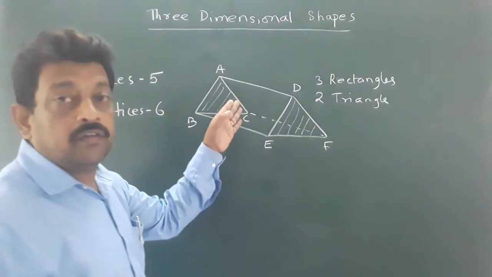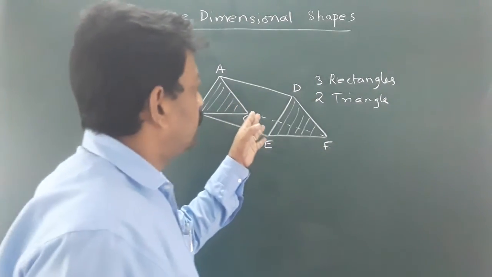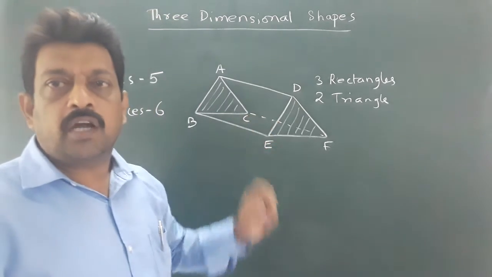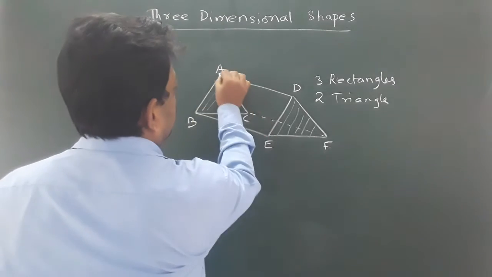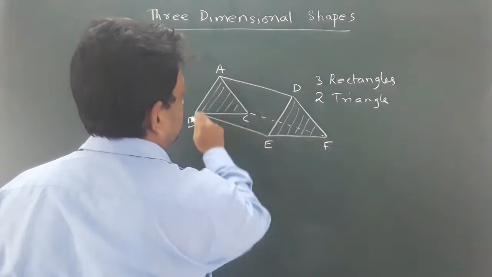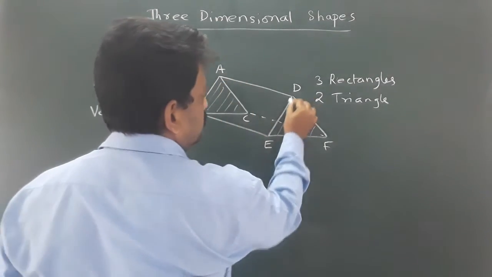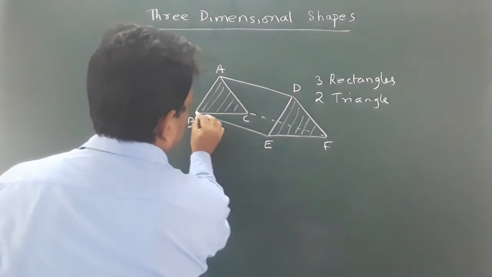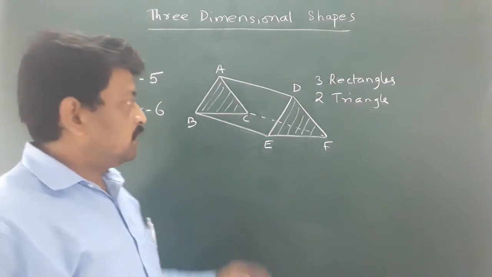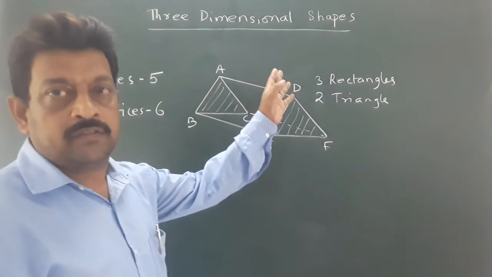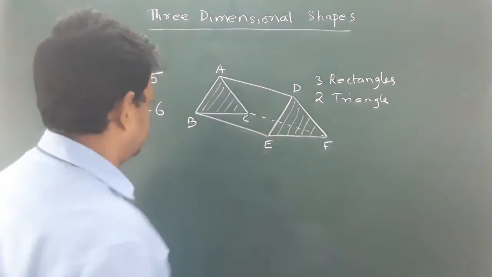So here in the triangular prism, how many edges are there? Simply count the lines. In a triangle, there are 3 lines, 3 edges. In this triangle, 3 edges, and 1, 2, 3. Means 3 plus 3 is 6, plus 3 is 9. All total 9 edges.